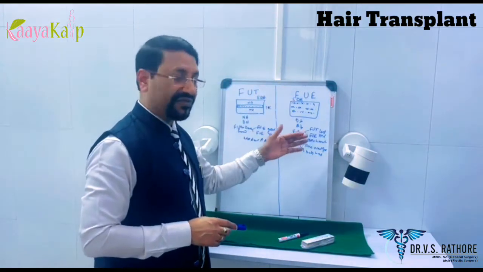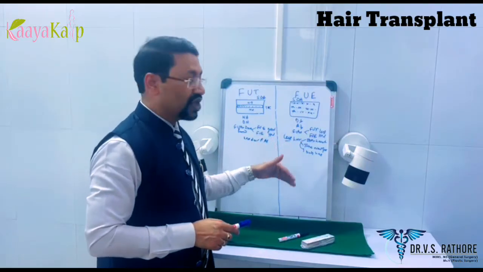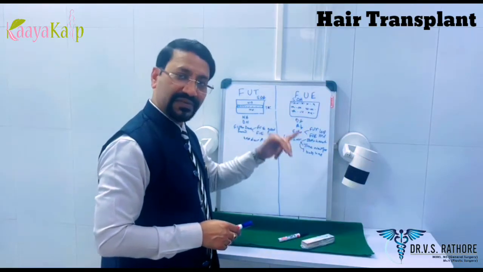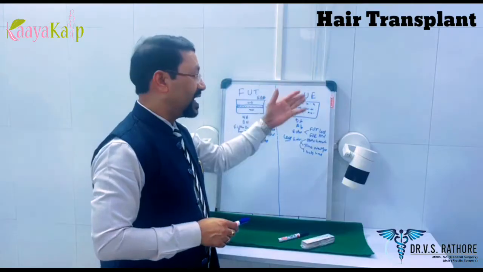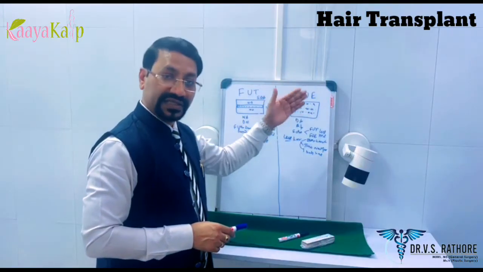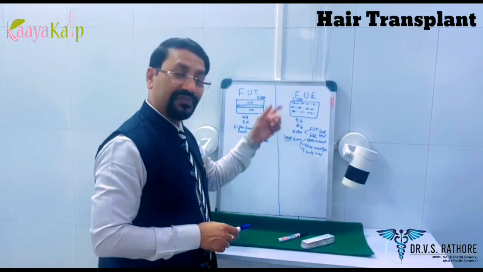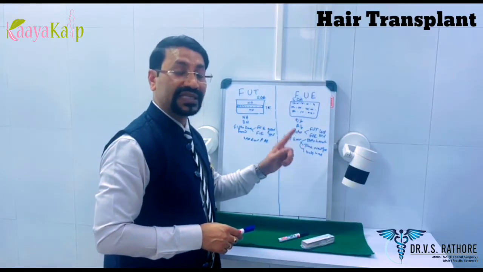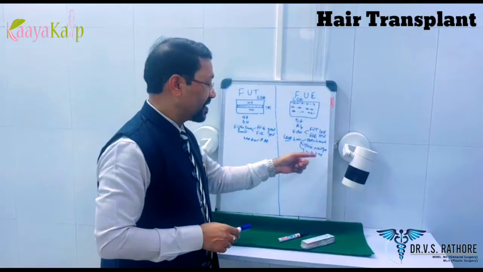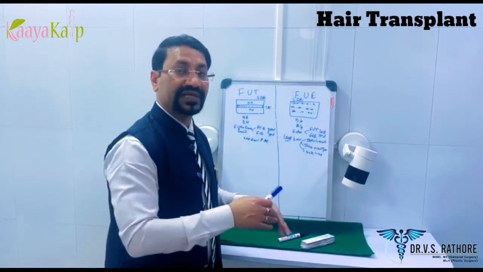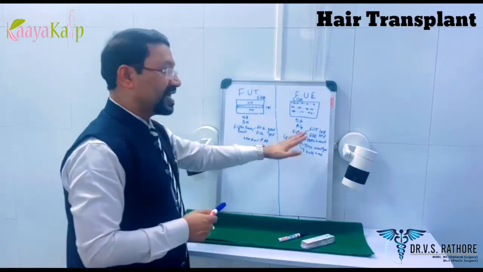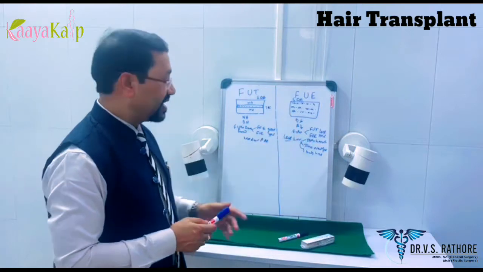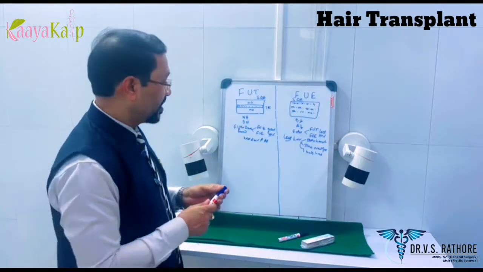Since by FUE I am getting fewer hairs, in order to make up, either I am over harvesting or I am transgressing into the unsafe donor area, thereby further reducing the density and compromising the appearance of the donor area, or I have to use body hairs in order to make up. So that's again a disadvantage in case of FUE.